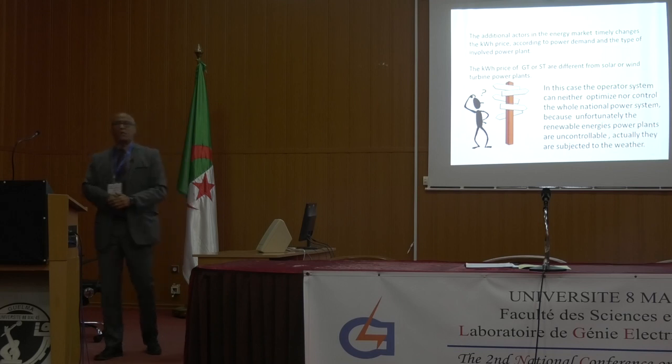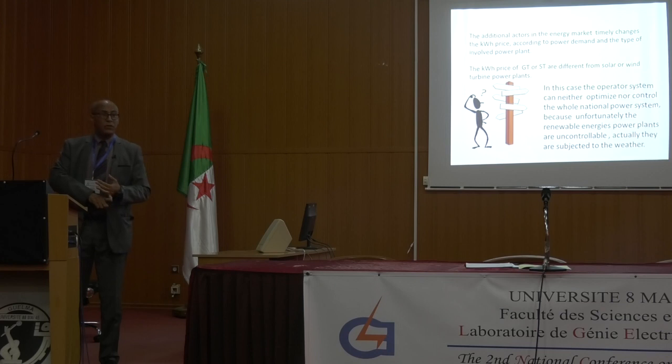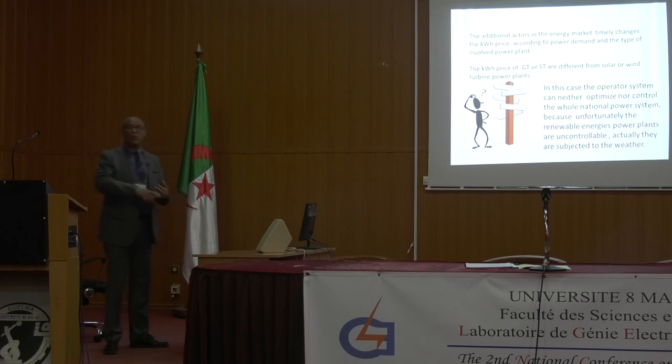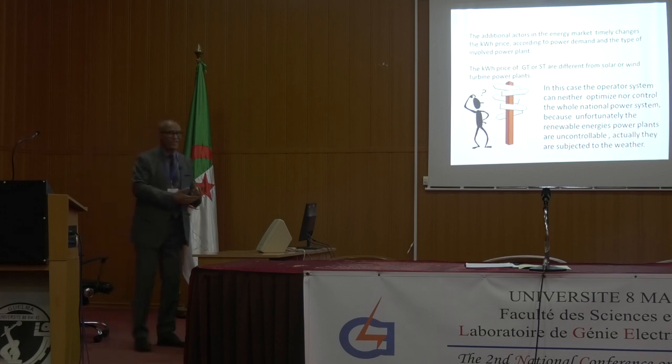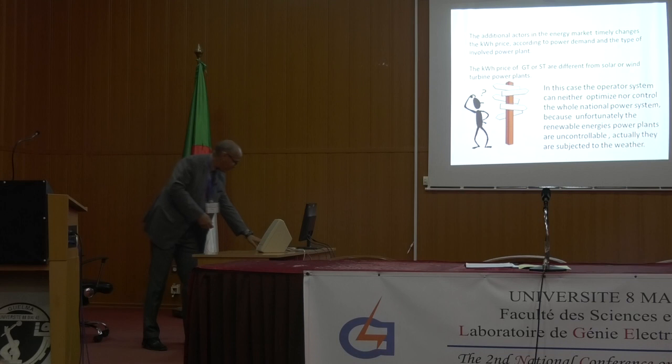We can't, for example, predict tomorrow's sun irradiation or wind speed or velocity. So it's very, very important to make another type of forecasting. We have to forecast all these.